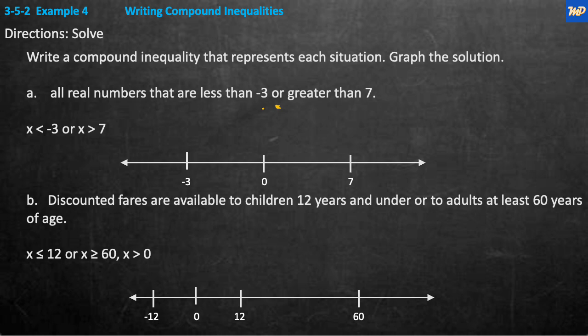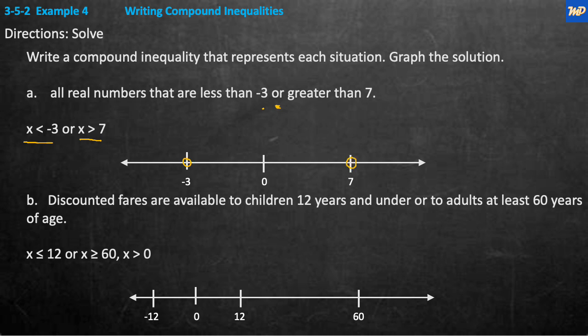We have a -3 and we have a 7. We just put our two numbers on the number line. So the inequality, if you write it out, is this: our value x is less than -3 or x is greater than 7. If it's less than -3, you don't see where it says equal to here anywhere. Okay, so it's a circle on the -3, and it's a circle on the 7.